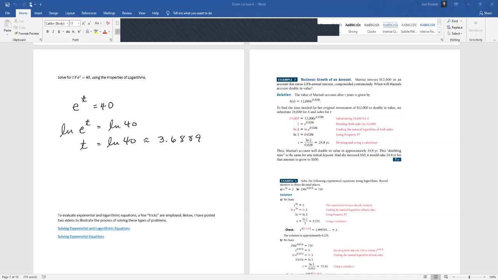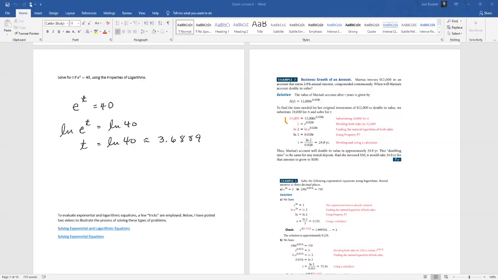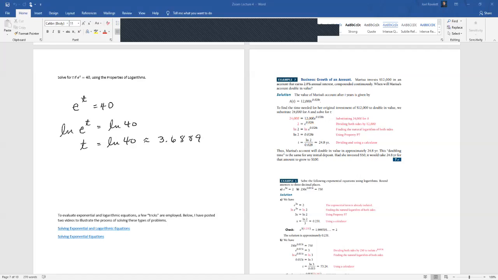To get from this step to the next step, all they did was divide both sides by 12,000. So 12,000 goes into 12,000 one time, and then 12,000 goes into 24,000 two times, which leaves us 2 is equal to e to the power of 0.028t. On the next line, they introduced an ln on both sides. Now, why would they introduce an ln on both sides?